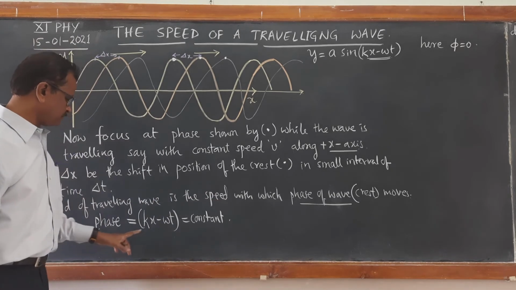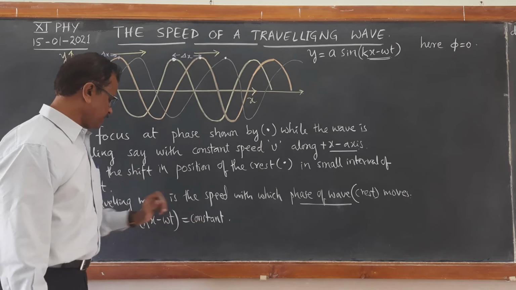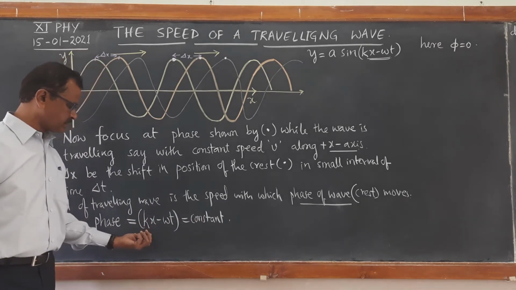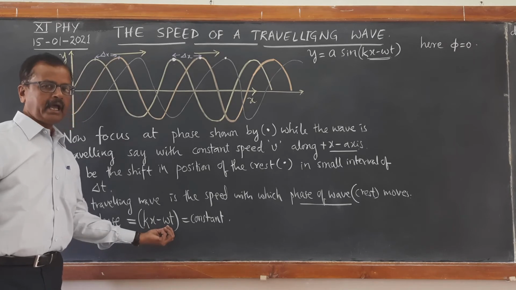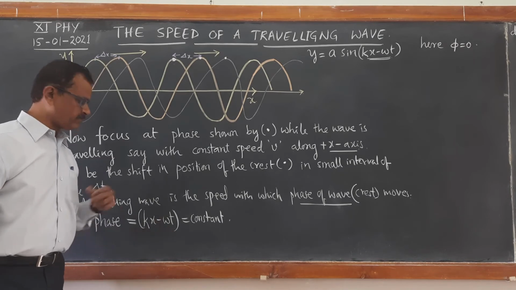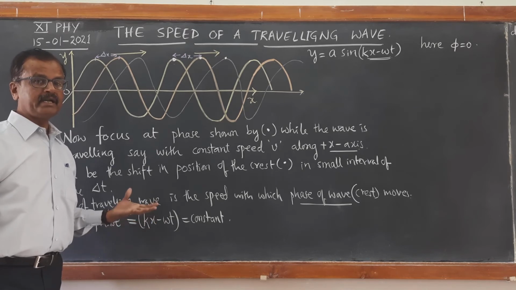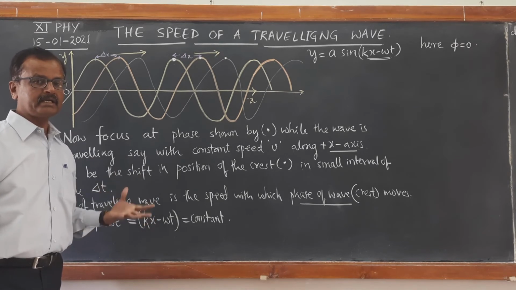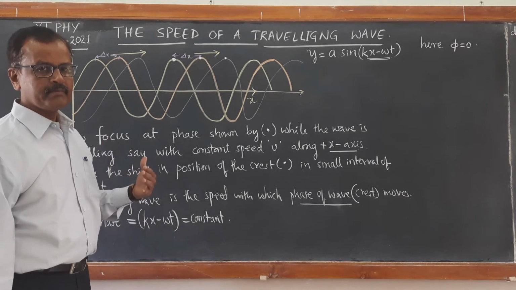Now, when the phase is remaining constant, using this equation kx minus omega t, where k is the angular wave number and omega is the angular frequency, I can find out delta x by delta t. Delta x by delta t gives us the speed, change in position per unit time.